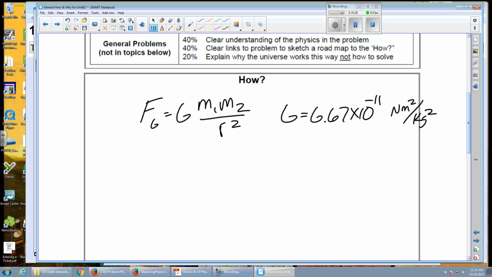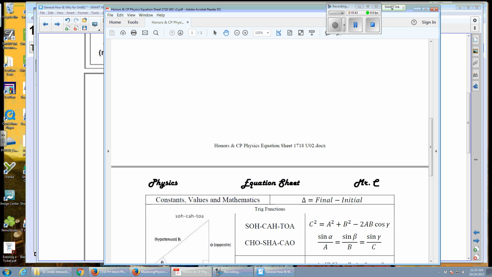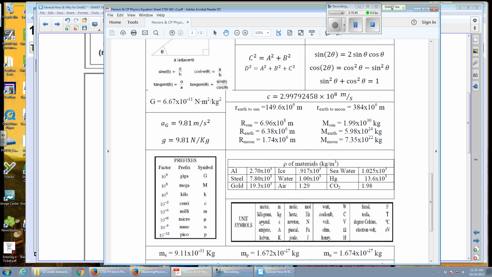Yeah, got those from here, right? Wait a minute, I see this one, but I don't see the universal gravitational constant. Okay. Oh, it's on the next page? Yeah. Oh, yeah, there it is.